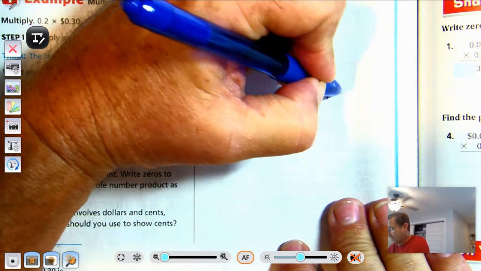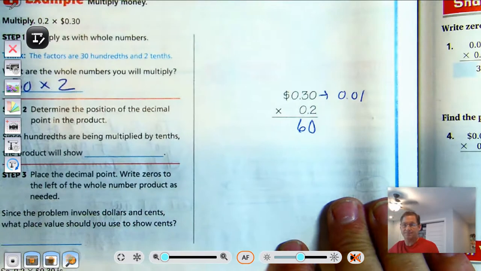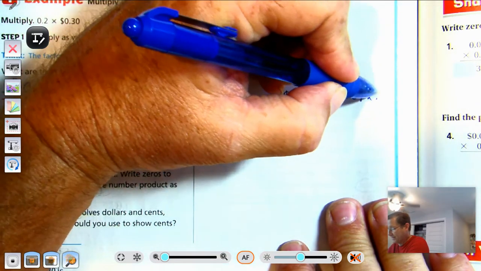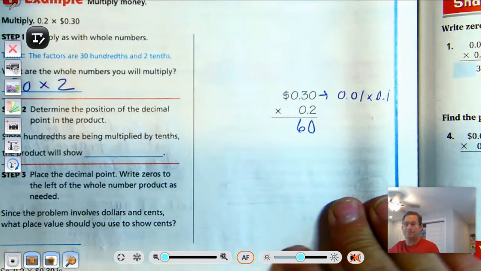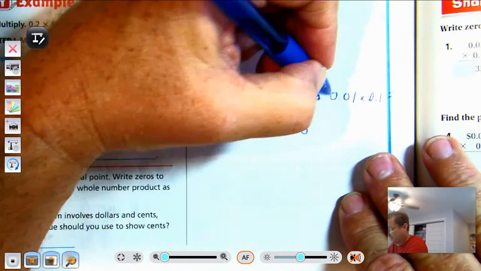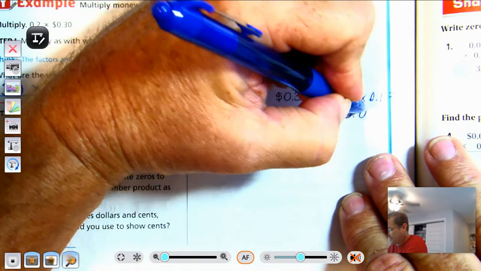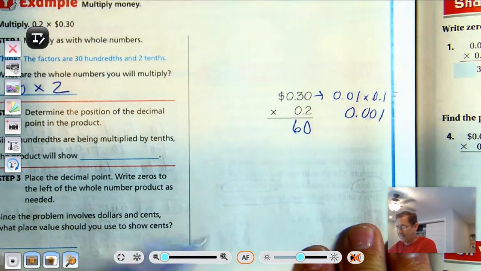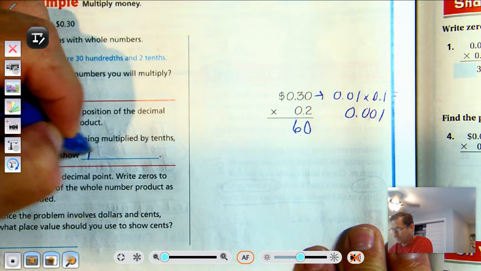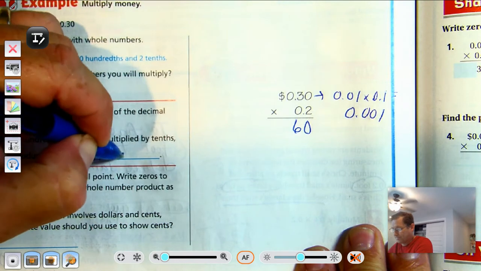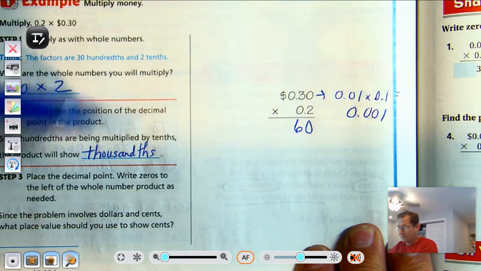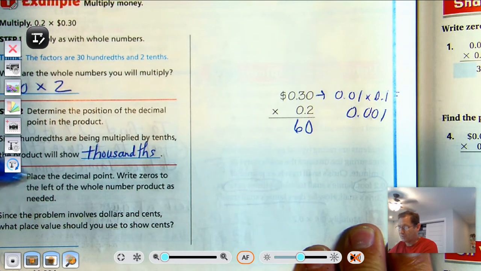And we have hundredths times tenths. And we know that hundredths times tenths is thousandths. Well, right now there's not enough digits to place the decimal point. So to place the decimal point, write zeros to the left of the whole number product as needed.